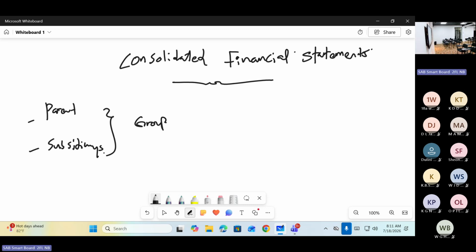So put a definition for group: the parent and its subsidiaries, or as a group.